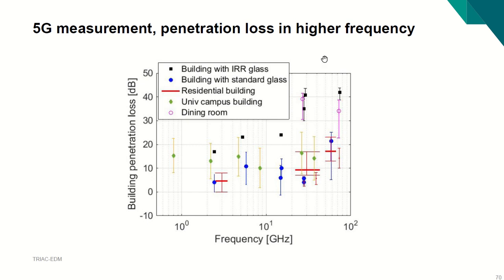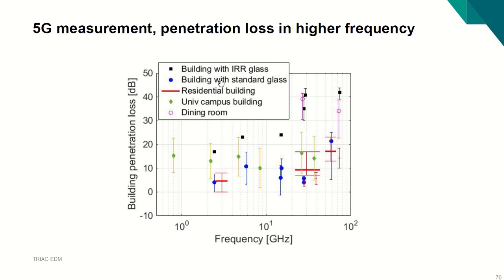So we'll be going higher and higher, and the issue with higher frequency is that it may not be able to transmit efficiently due to the penetration loss. In other words, the loss is higher in that case.